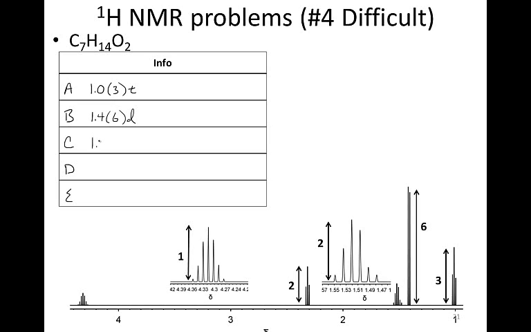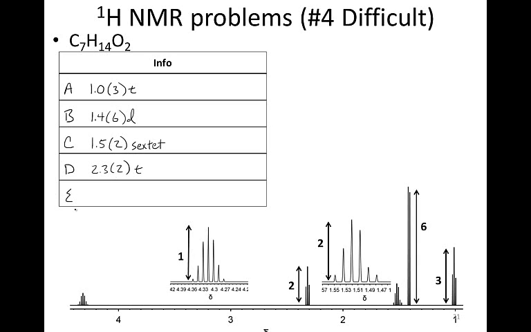The signal at 1.5 that gives an integration of 2 is going to be referred to as a sextet. The next peak shows up at 2.3. It's going to have an integration of 2 and a splitting pattern of 3, or a triplet. So again, 2.3, integration of 2, and a triplet.